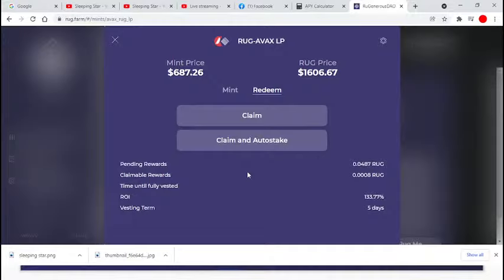So right now I've waited long enough to claim 0.0008 rug. If I wait until 6 hours from now, I believe is the next rebase, I should have 0.008, and I can just claim that and then add that to how much I'm staking currently.